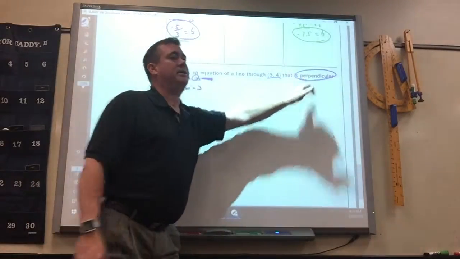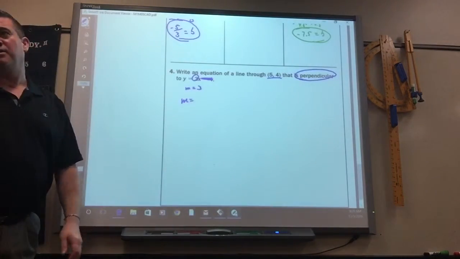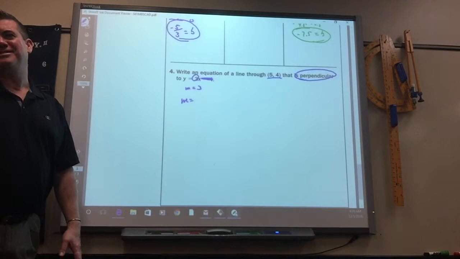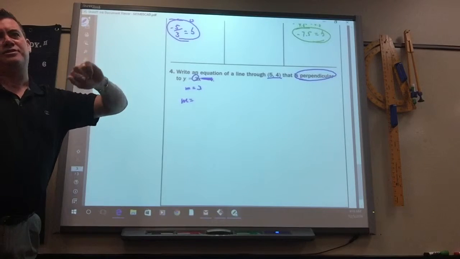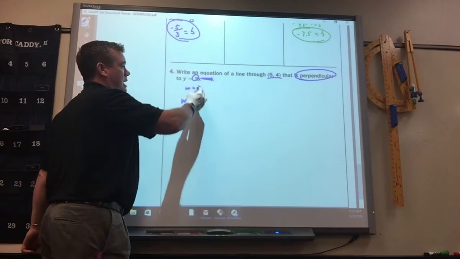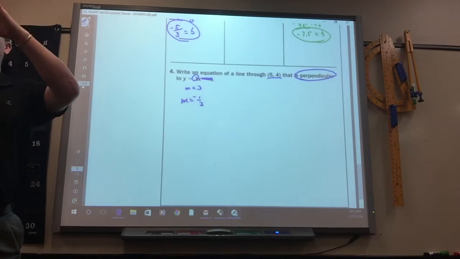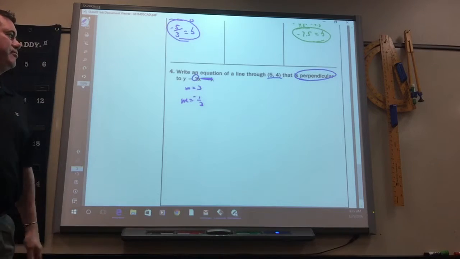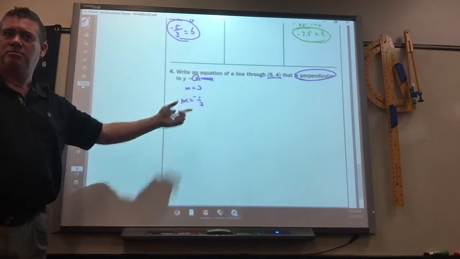But since it's perpendicular, what do you got to use? Remember all the perpendicular lines? Reciprocal it and change the sign. Reciprocal of 3 is 1/3, and since that's positive, the other line's got to be negative. Because to be perpendicular, one's got to be going up and one down. So everyone understand how you figure out the slope when it's perpendicular?